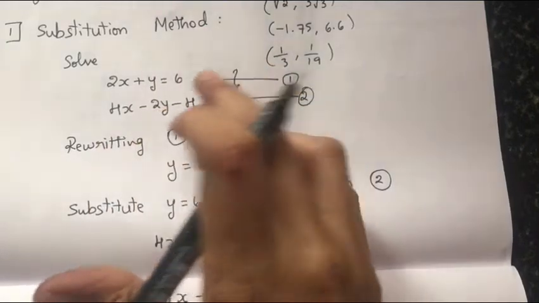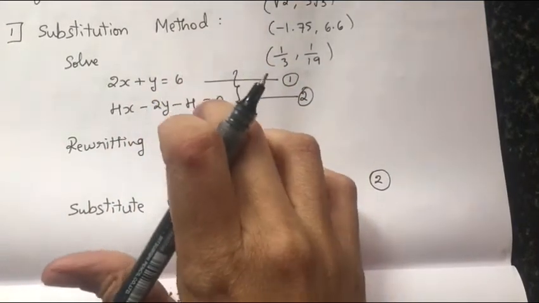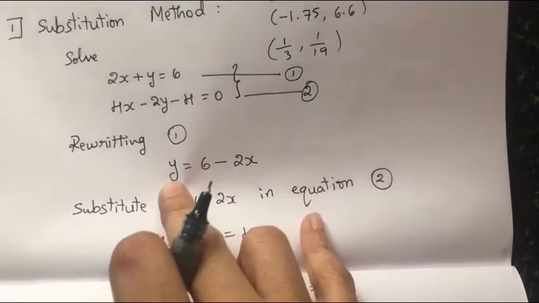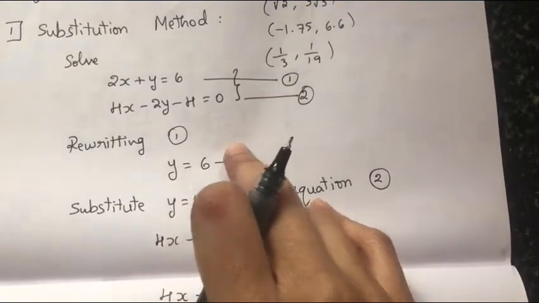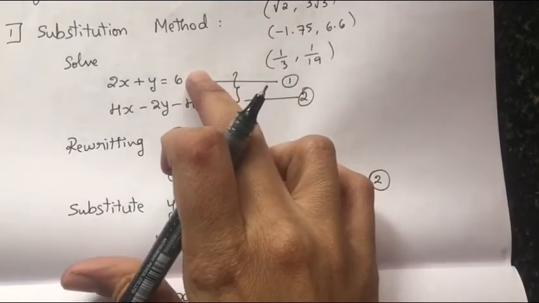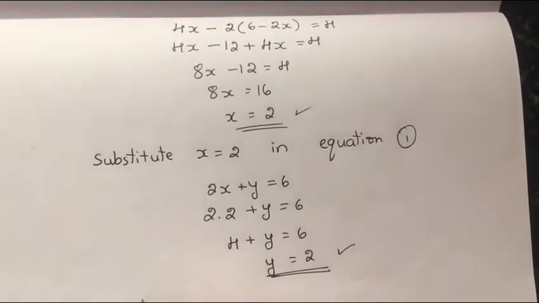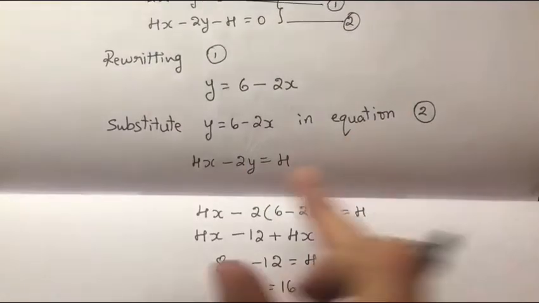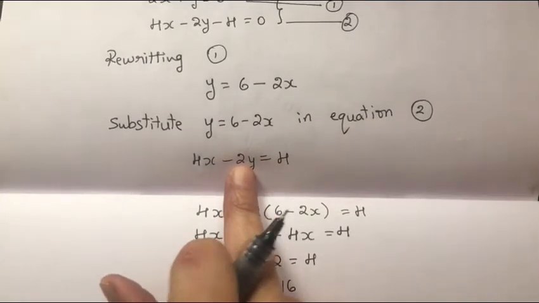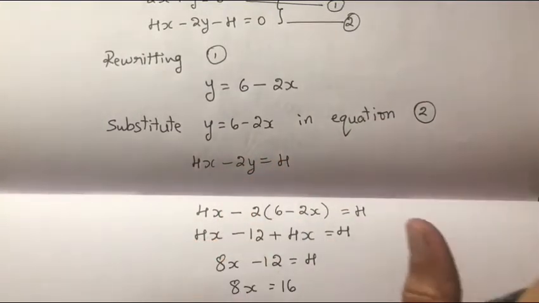Take any one of them, get one variable in terms of the other variable and put it in the other equation. So the first step is to find the value of one variable in terms of the other, and the second step is to substitute that value in the other equation and solve them. That's all.